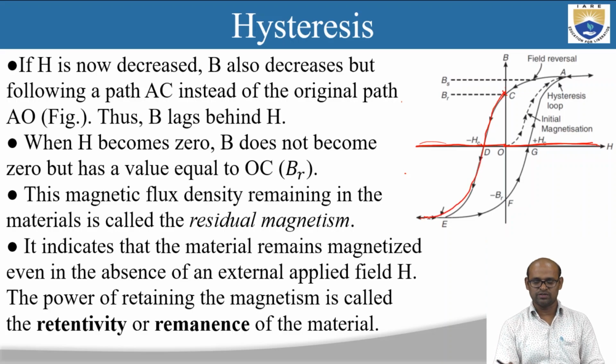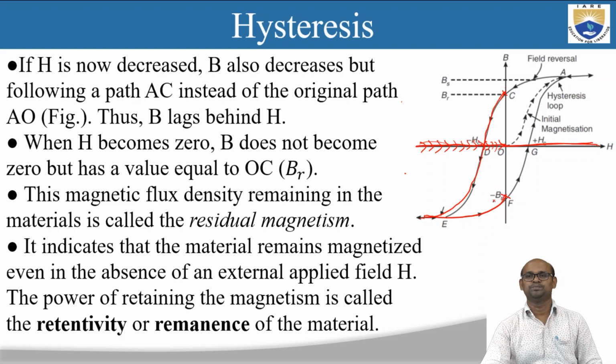It reached a saturation. Now what I am going to do is again decrease the magnetic field. Whatever I applied and increased in this direction, I am going to decrease. As I decrease the magnetic field to 0, again I find that the magnetic field induction reduces to a finite value.